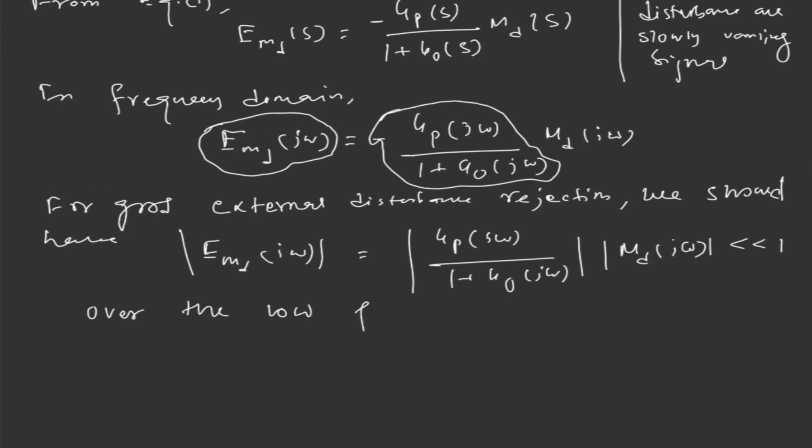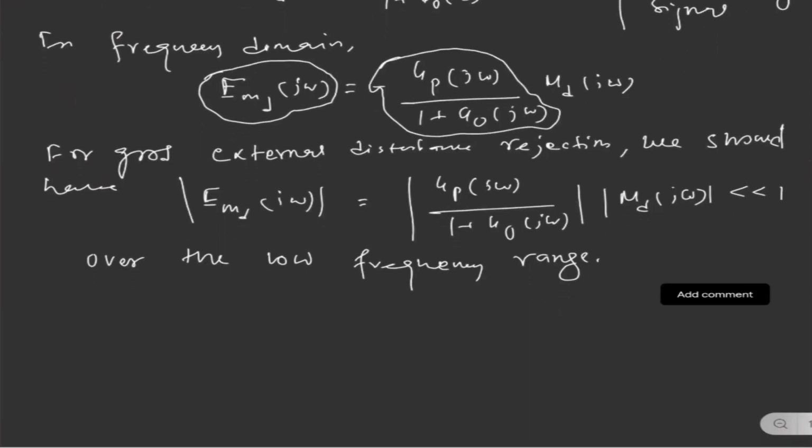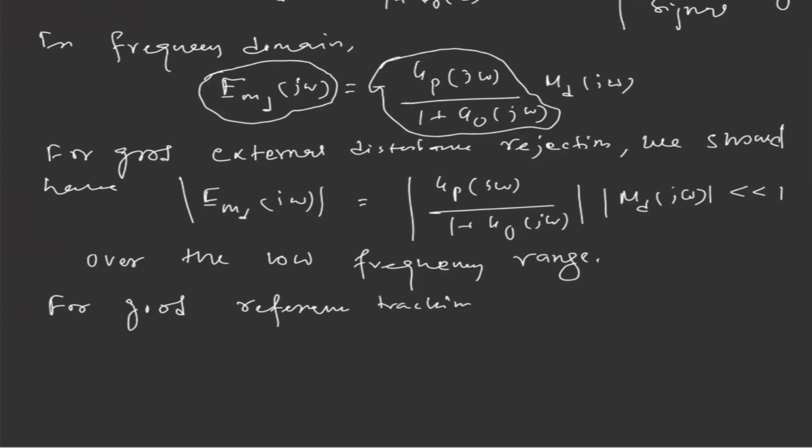So we can write that this should be a very low value over the low frequency signals. So for good reference tracking, we have already taken that G_C j omega should be a very high value.